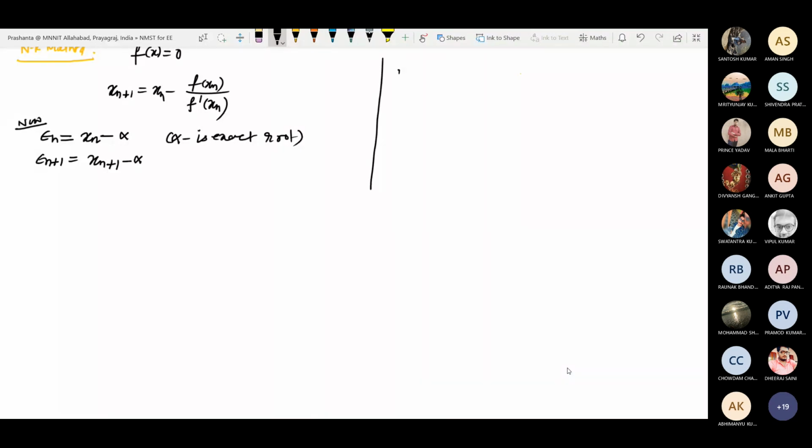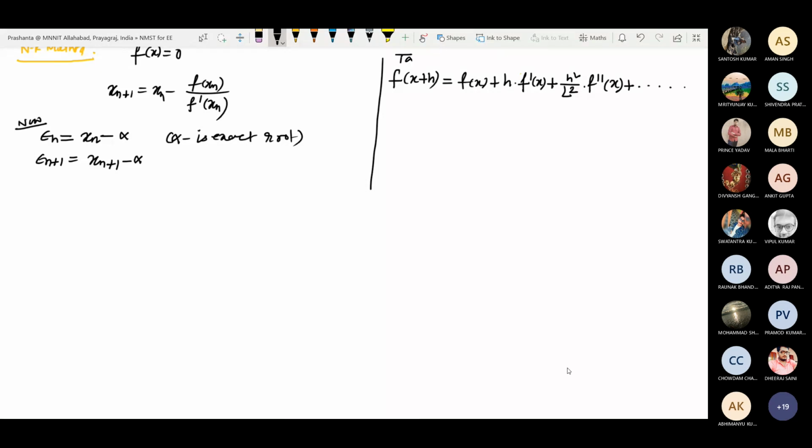In the derivation, the following results I am going to use. Tell me what is the Taylor series expansion about x. What is f of x plus h? It is f of x plus h times f dash x plus h square by factorial 2 into f double dash x and so on.